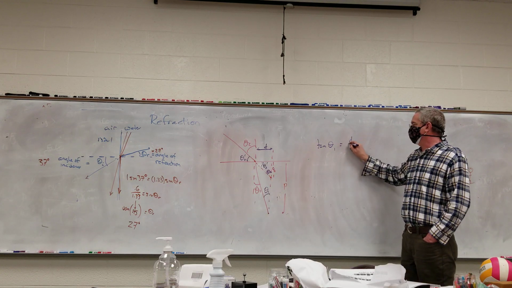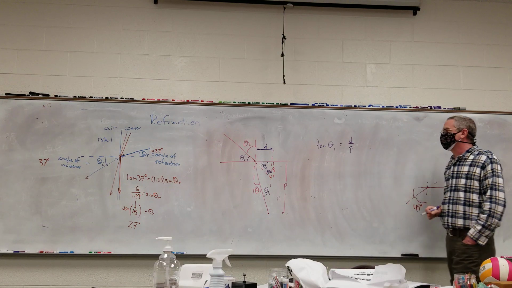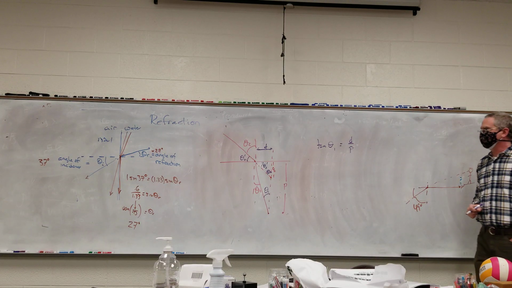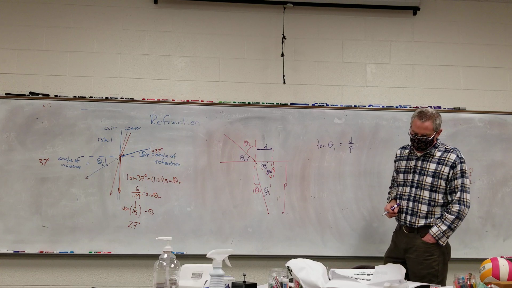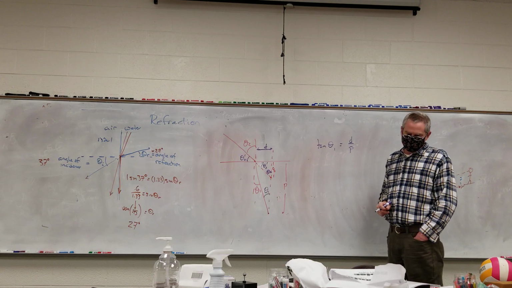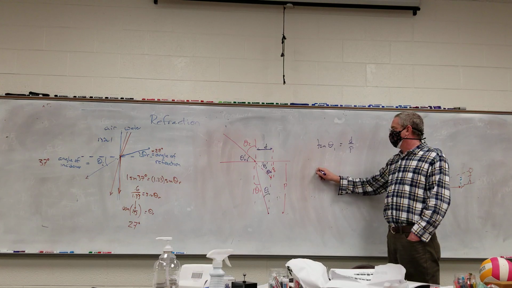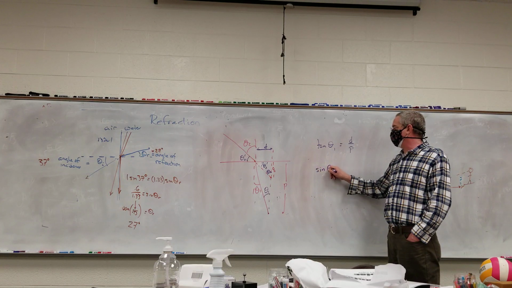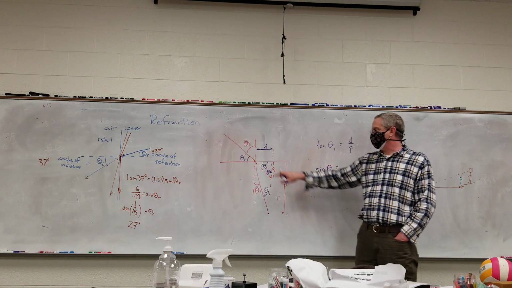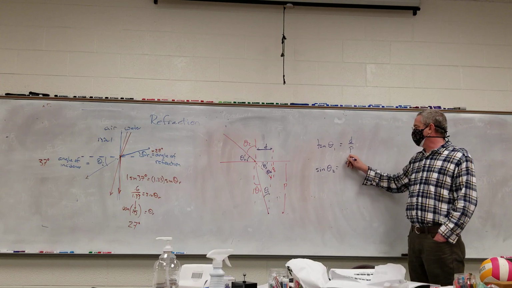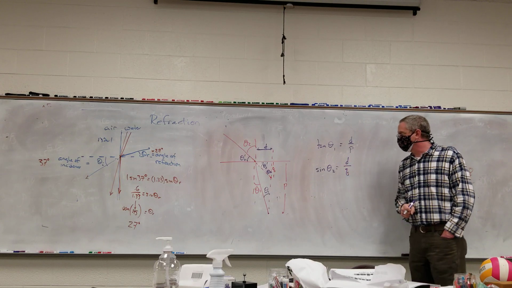So that's D over P. The sine of theta 2 is the opposite over the hypotenuse, so that is D over Q.